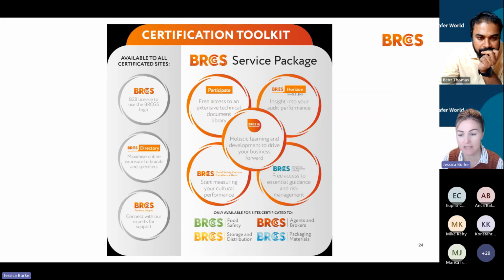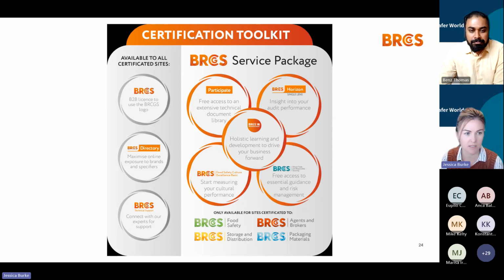So this is where sites get the standards available for download versus having to go onto the store and purchase them.